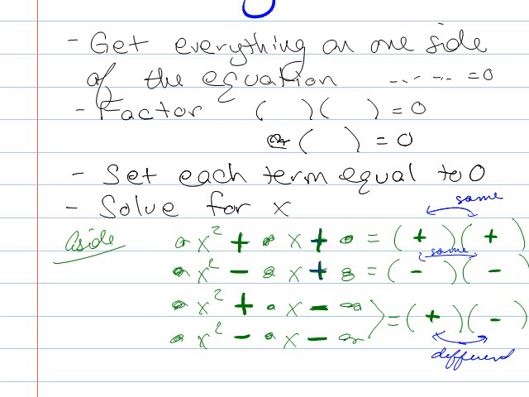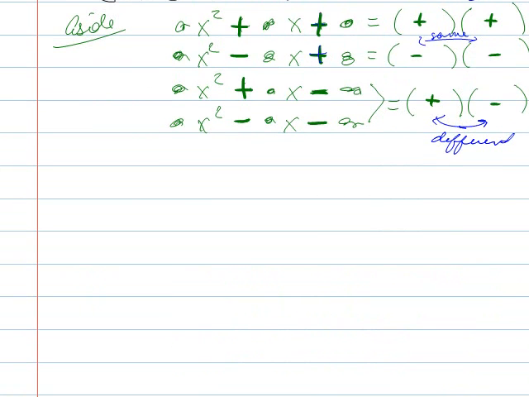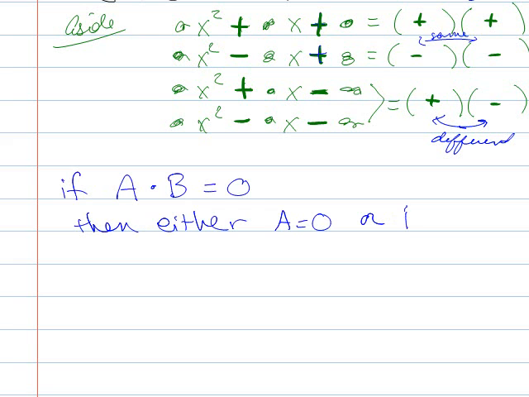Now, the big way that factoring works is it relies on the idea that if a times b equals 0, then either a equals 0 or b equals 0. So think about that. If I want anything to be 0, 6 times what is 0? The only way to get there is 6 times 0.